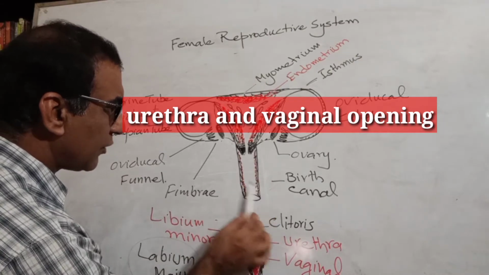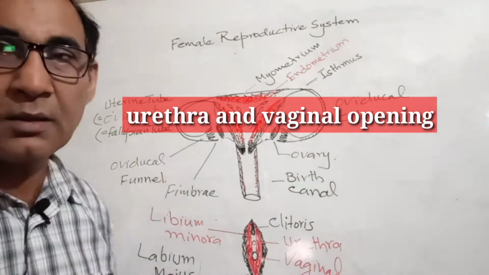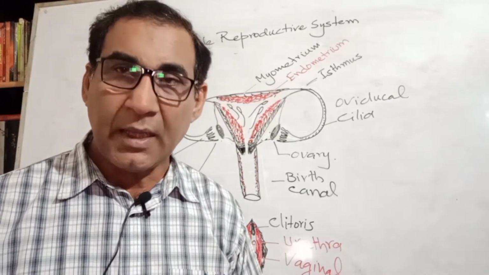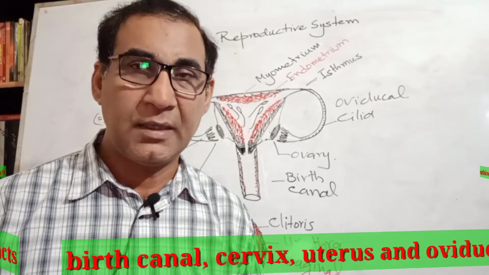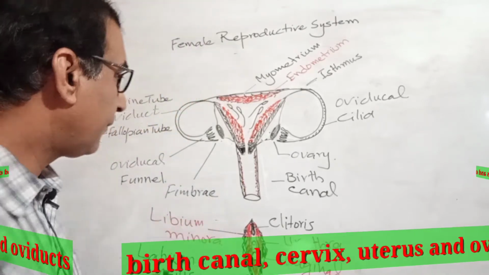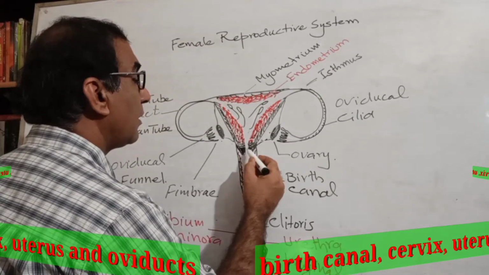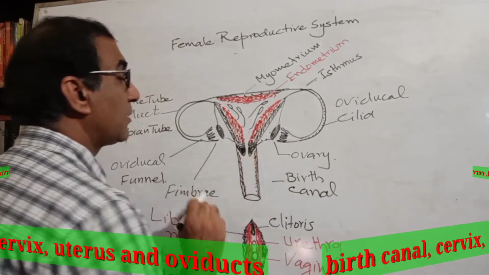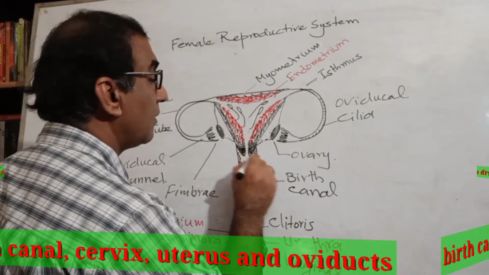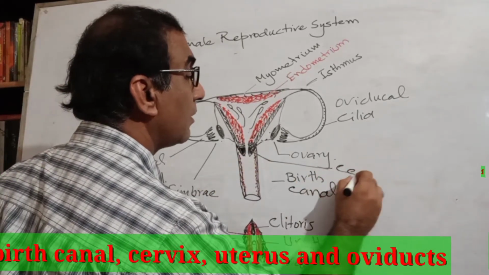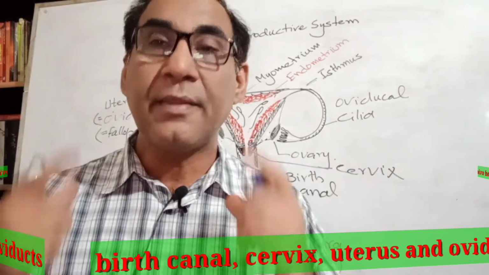This tubular structure is known as the birth canal, or the vaginal canal. Here is the cervix. This structure is known as cervix. Cervix means neck.